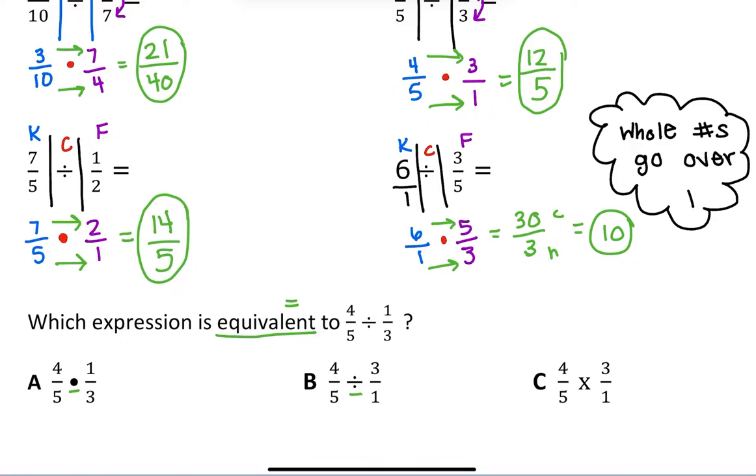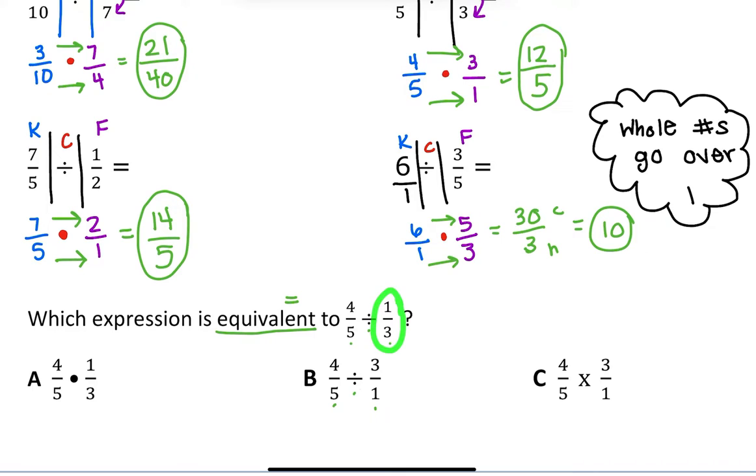So let's look at the easy one to look at, which is B, because they both have division. So if it's going to be equivalent, it has to be exactly the same. But if I look, they switched this, but that's the only thing they switched. So B is definitely wrong, because you can't just flip this and leave the division sign.